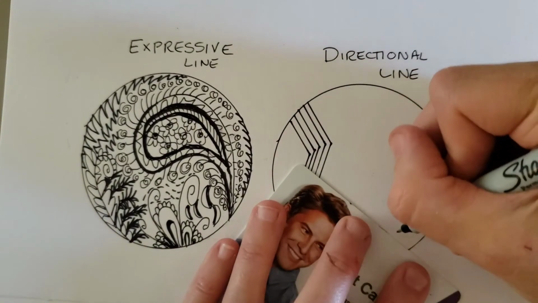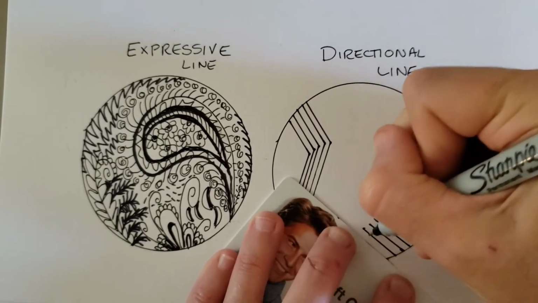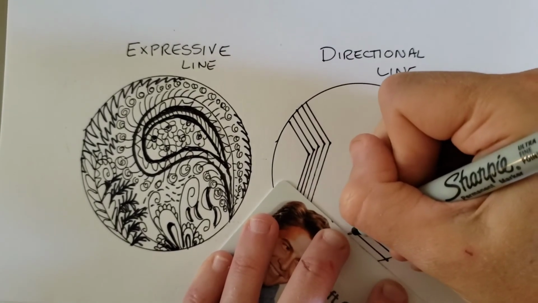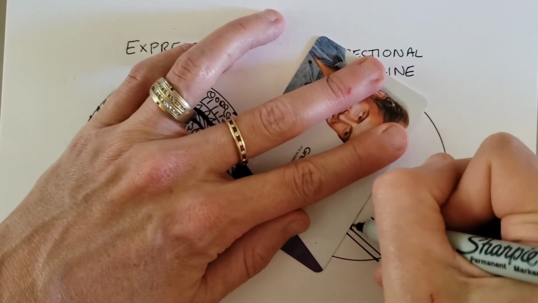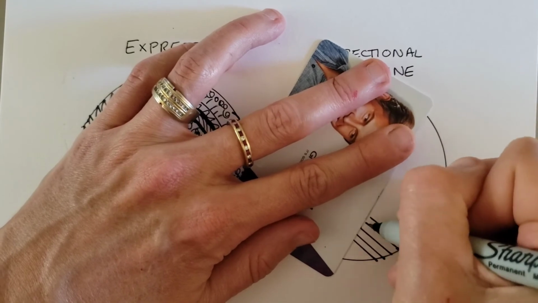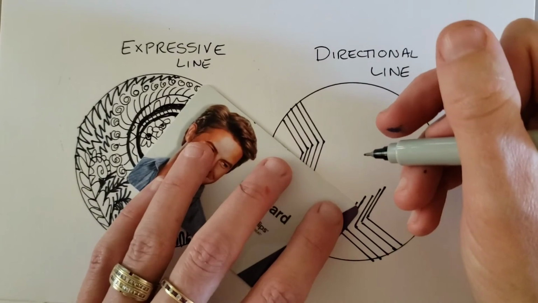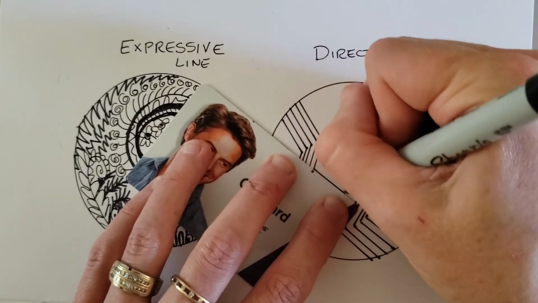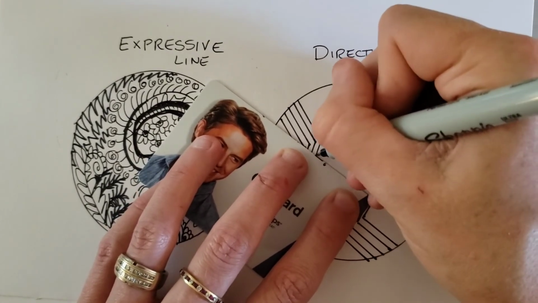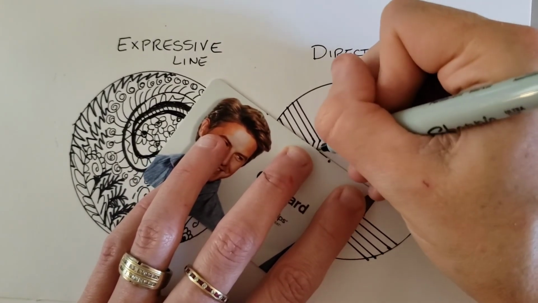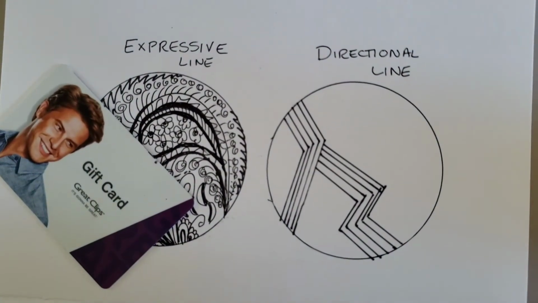Then I'm going to start in another area and I'm going to fill that in with a series of several lines. I'm going to change the direction of those lines. And then maybe bring them over until they hit this original set of lines. And we're just going to keep doing that and continuing on until this circle is filled.